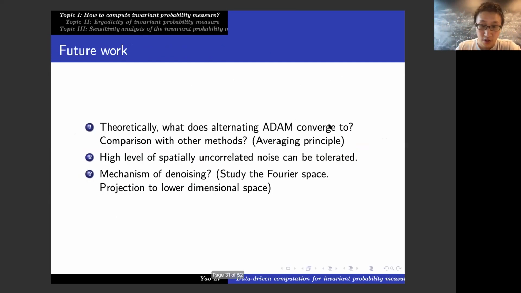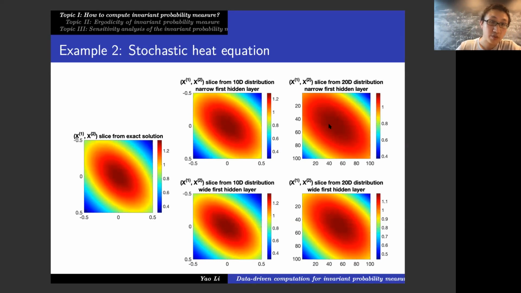I think there are 2 possibilities. One possibility is that we didn't use a good enough neural network architecture. The other possibility is that the neural network representation has some limitation.